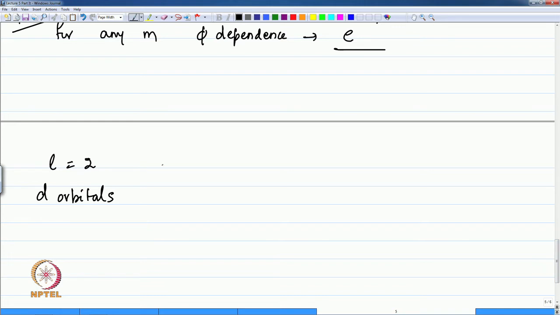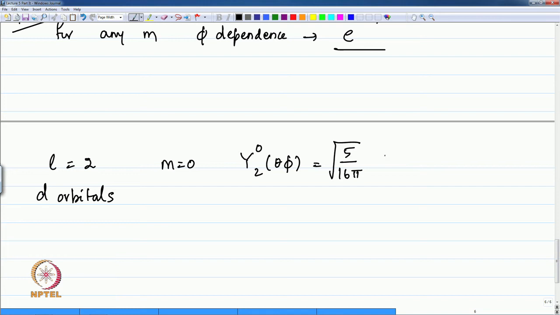You have L equal to 2. If m is 0, you have the spherical harmonic Y 2 0 theta phi, and the value is given by root 5 by 16 pi times 3 cos square theta minus 1.